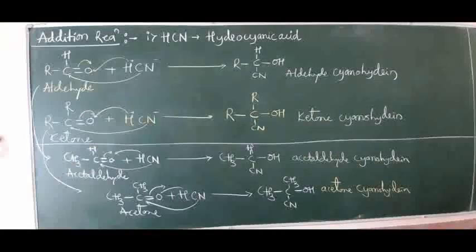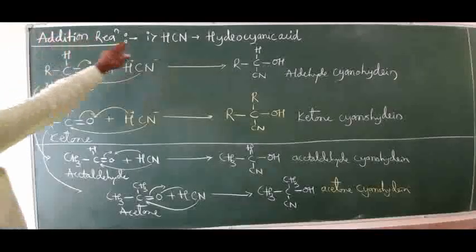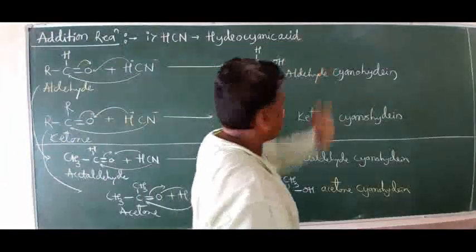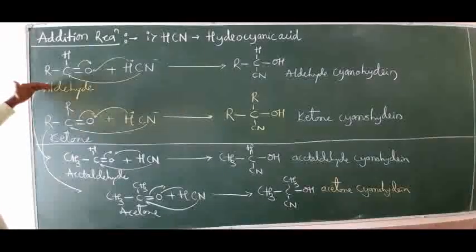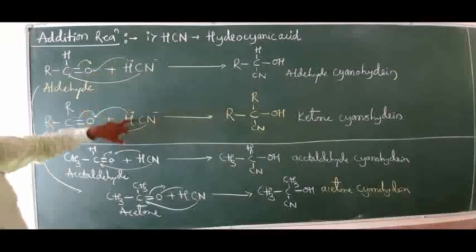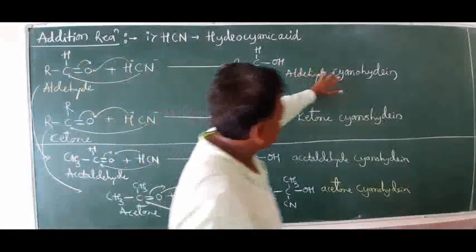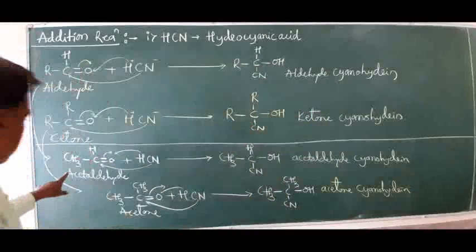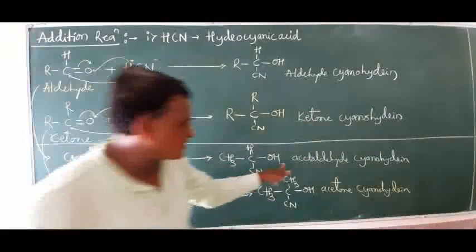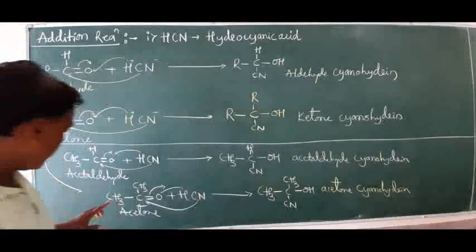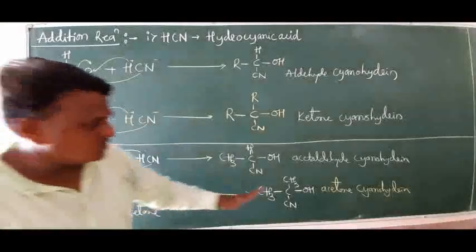Yes, friends, it's a very simple addition reaction of the aldehyde chapter. We start first with hydrocyanic acid. Either an aldehyde or a ketone reacts with hydrogen cyanide to form the corresponding cyanohydrins. For example, acetaldehyde gives acetaldehyde cyanohydrin and acetone gives acetone cyanohydrin.